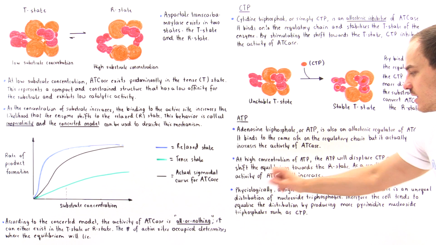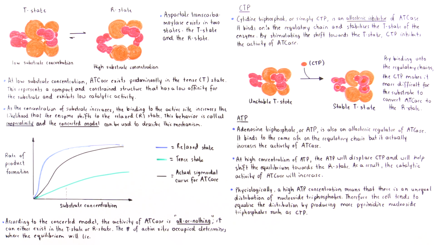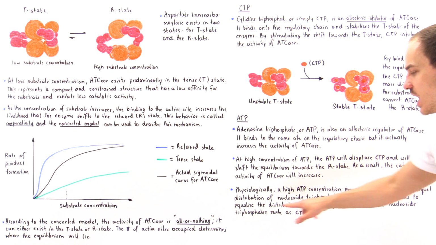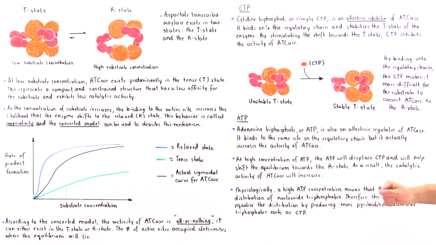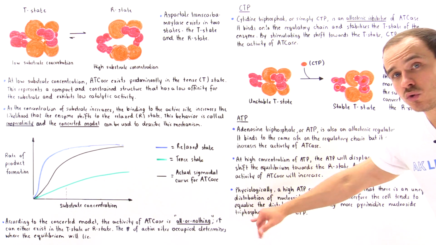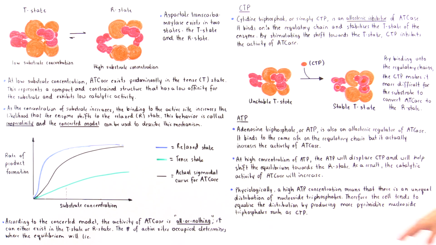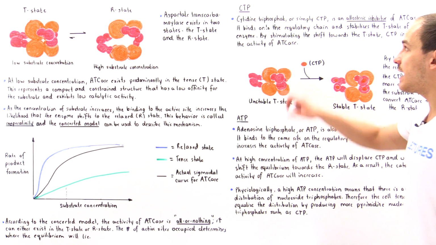So physiologically, a high ATP concentration means that there is an unequal distribution of the purine to pyrimidine nucleoside triphosphates, and therefore the cell tends to equalize this distribution by producing more pyrimidine nucleoside triphosphates, such as CTP.